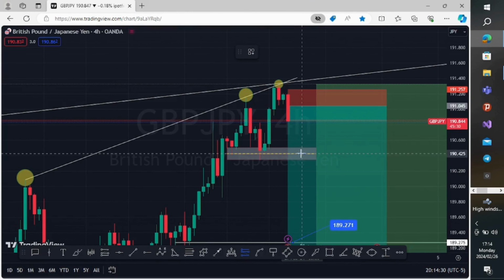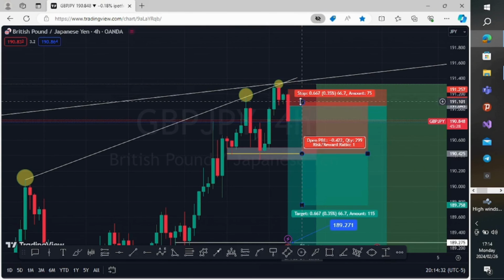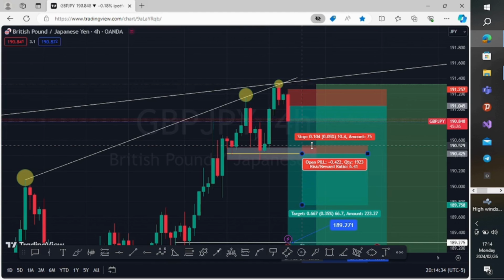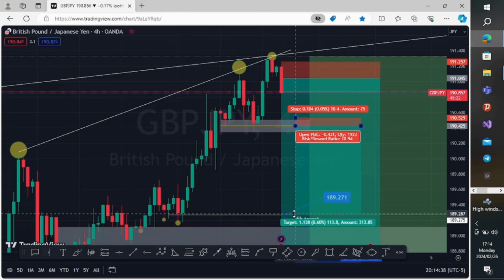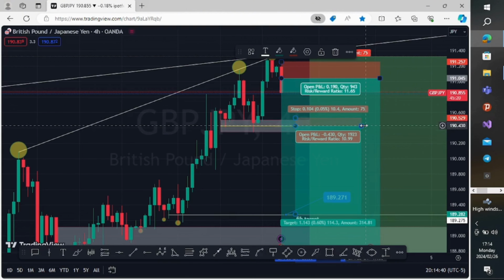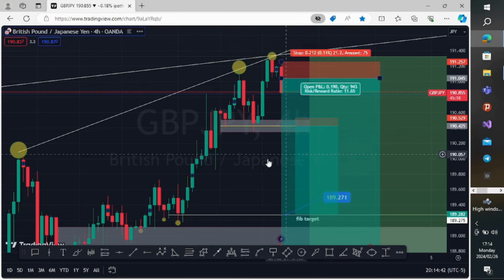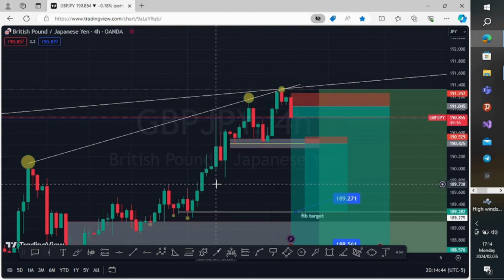So if price then breaks below, I am most definitely going to see whether I can maximize by taking other entries and holding below. If price breaks below, listen to what I'm saying.